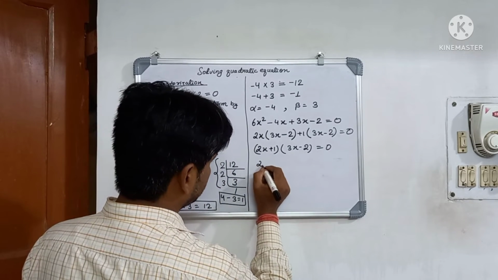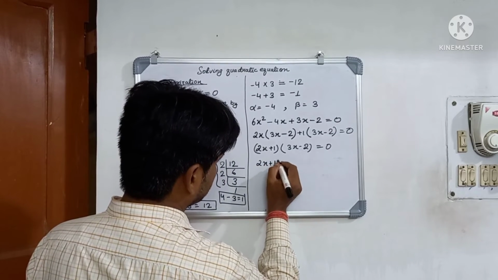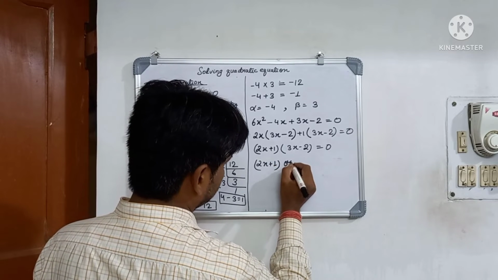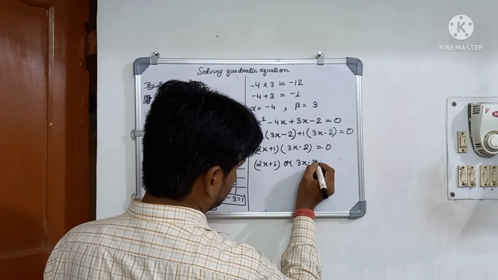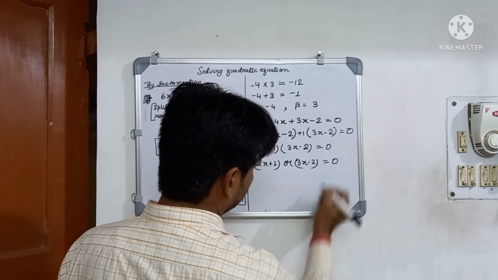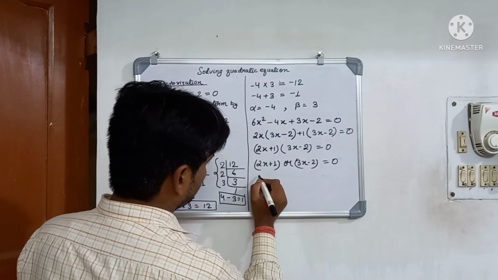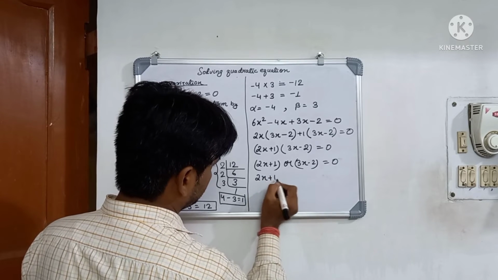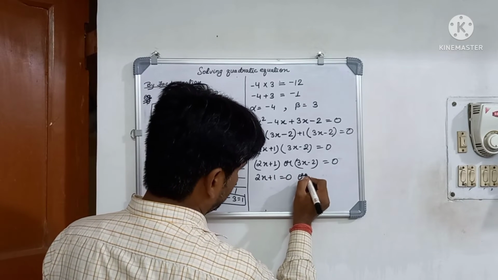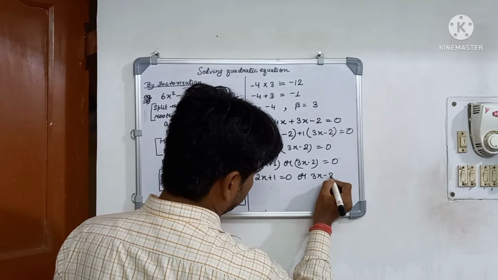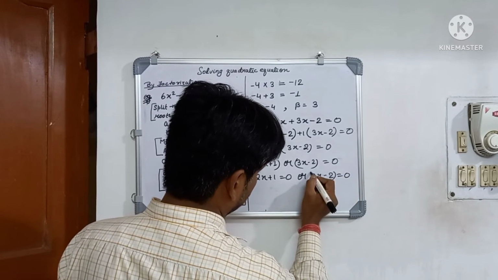Moving forward, we can say that either 2x plus 1 or 3x minus 2 will be equal to 0. So equating both of them with 0, we can say that 2x plus 1 is equal to 0 or 3x minus 2 is equal to 0.